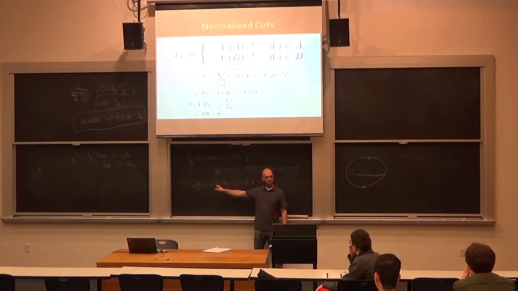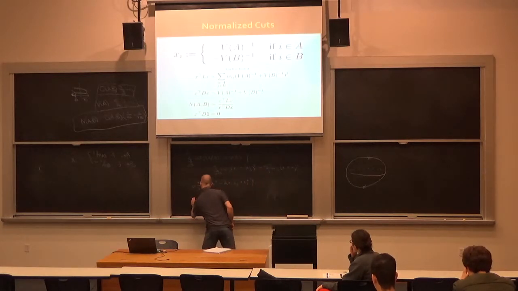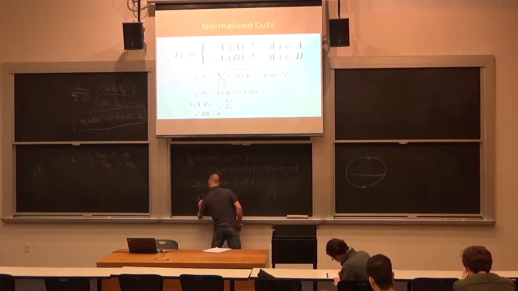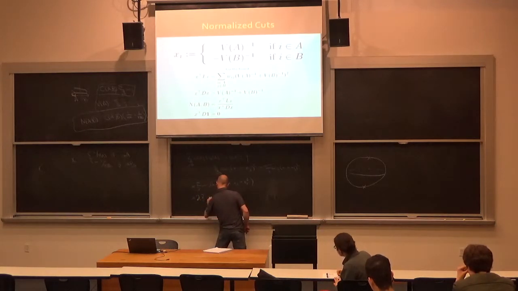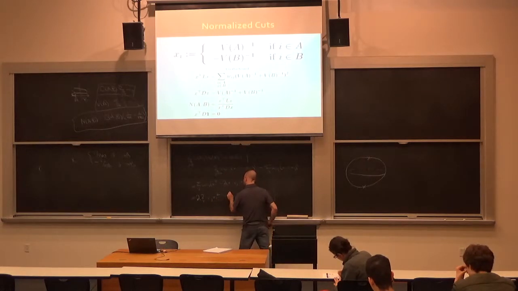You see that? I can just swap i and j. Yeah? So in other words, this is the same as 2 times the sum over ij of Wij xi squared, minus 2 Wij xi xj.